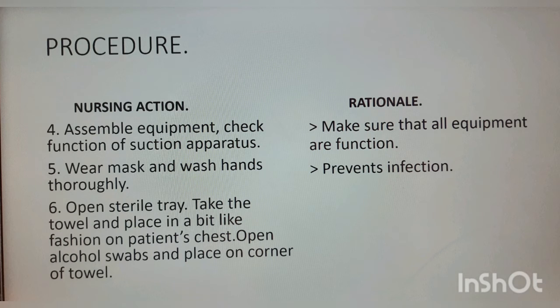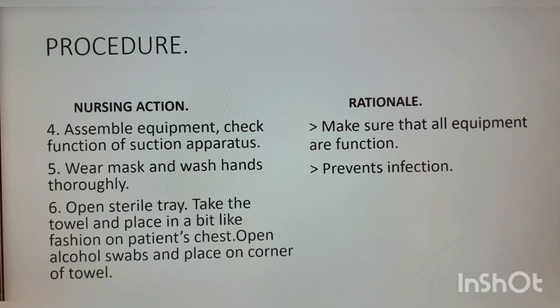Next, assemble equipment and check the function of the suction apparatus and the manual resuscitation bag connected to a 100% oxygen source. Make sure that all equipment is functional and sterile technique is instituted to prevent infection. Use of 100% oxygen will help to prevent hypoxia.